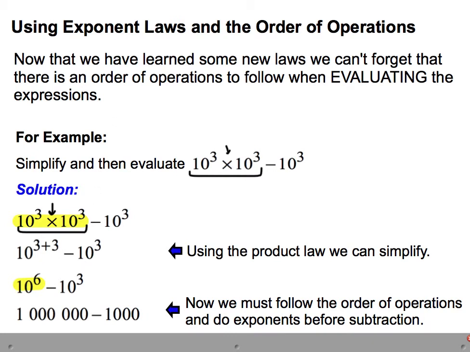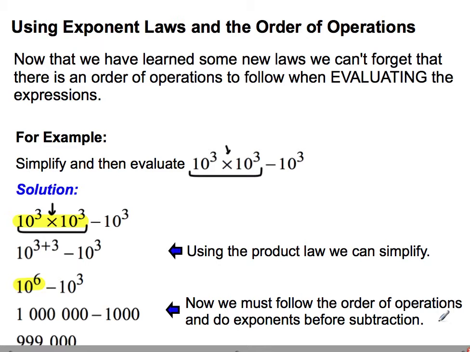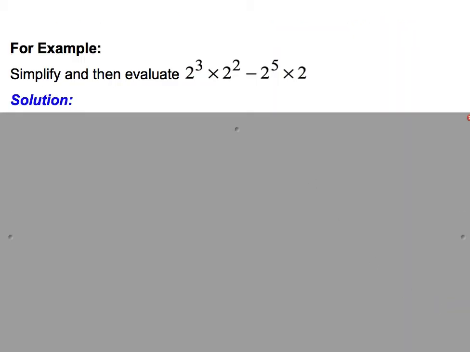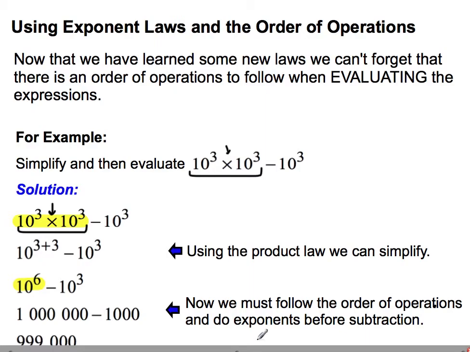10 to the power of 6 is 1 million. Remember that little trick. If I have 10 to the power of 6, there's 6 zeros. So 1, 2, 3, 4, 5, 6. Or else just do it on your calculator. So 1 million minus 10 to the power of 3, which is 1,000. So you're going to get 999,000.